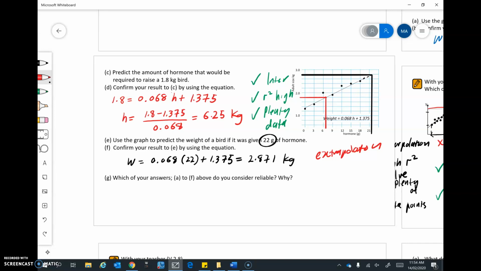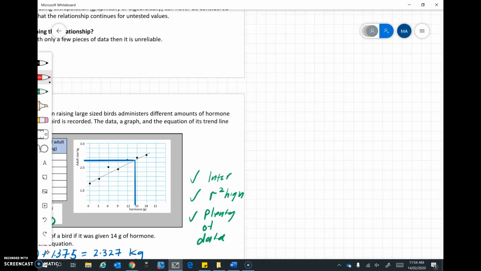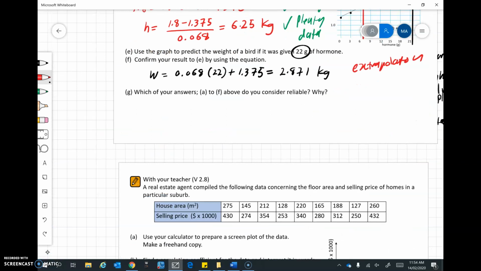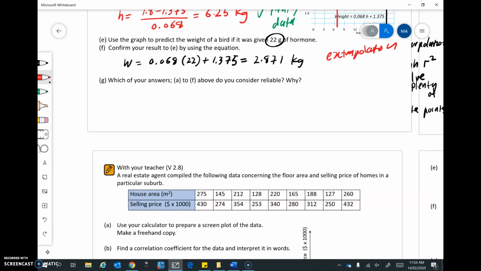Okay, now what statement could we write? Let me write a quick statement here about this. So this is what we could write. Whoops, just lost it for a moment, bear with me. Okay, my statement is that the predictions from A and C are reliable.